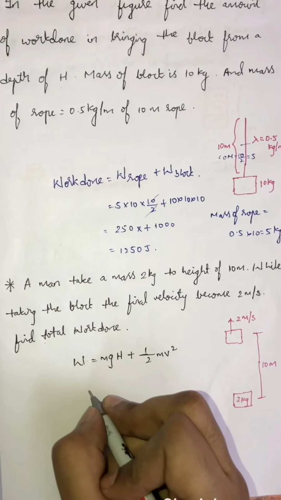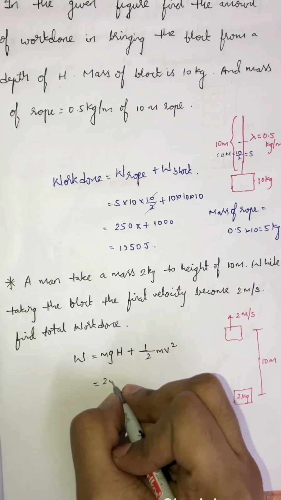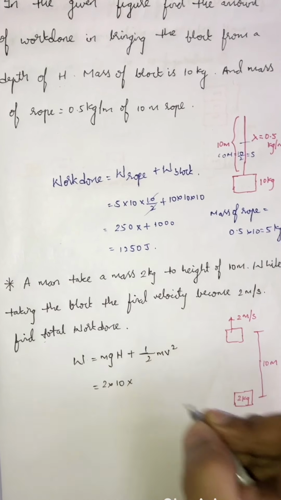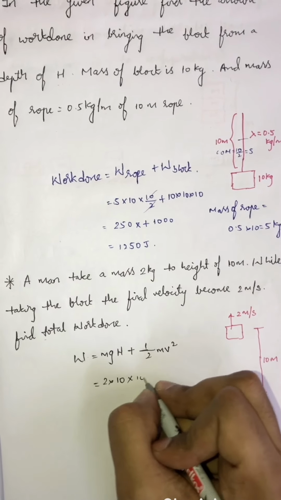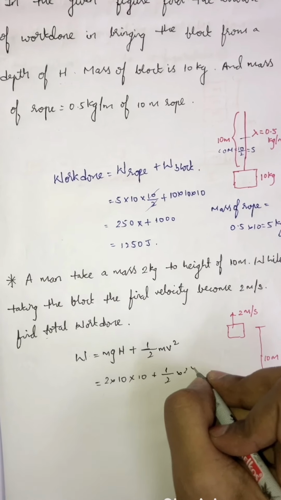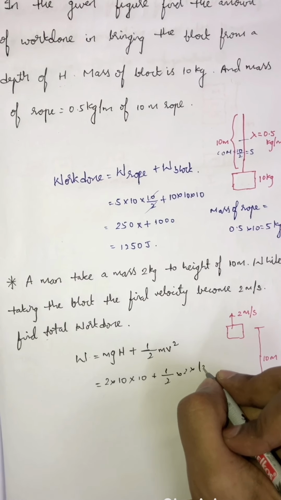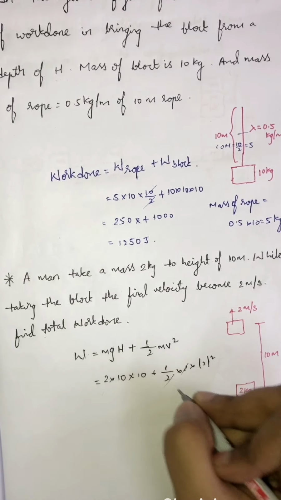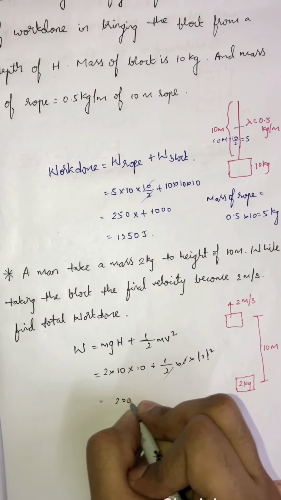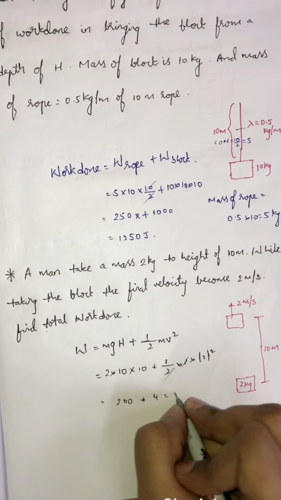Let's consider the value of g equal to 10 and it's raised to a height of 10, plus half, mass is 2, velocity 2 meter per second, that is 2 square, the 2s get cancelled. 200 plus 2 square, which is 4, so total work done will be equal to 204 joules. That's fine.